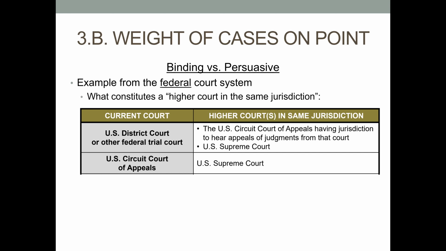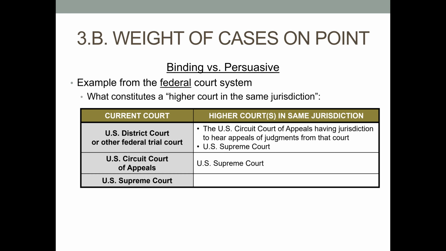The U.S. circuit courts of appeals in the federal system, there are 13 of them, are not bound by each other's opinions because they're all of equal dignity in the hierarchy of federal courts. But of course, they are all subject to the decisions of the U.S. Supreme Court.